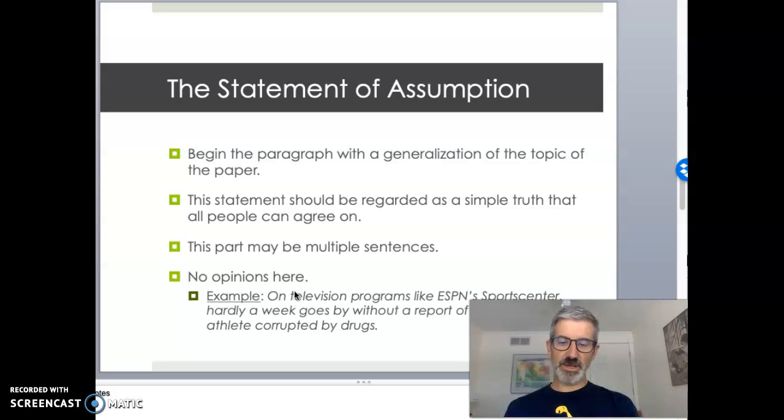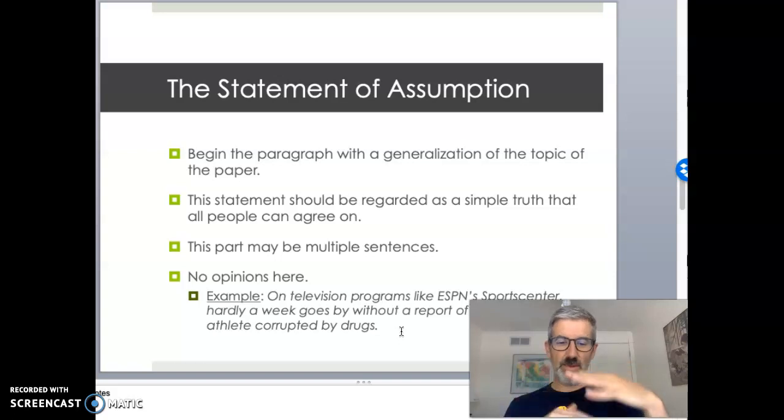Let's imagine, and here's the example that I have right here, that you are writing a paper on the drug problem in athletics. You might have this situation where sports athletes are using illegal drugs, particularly steroids or something like that. And so you have a hook. Maybe this hook is about a particular athlete who just got caught, and it's a real shock.